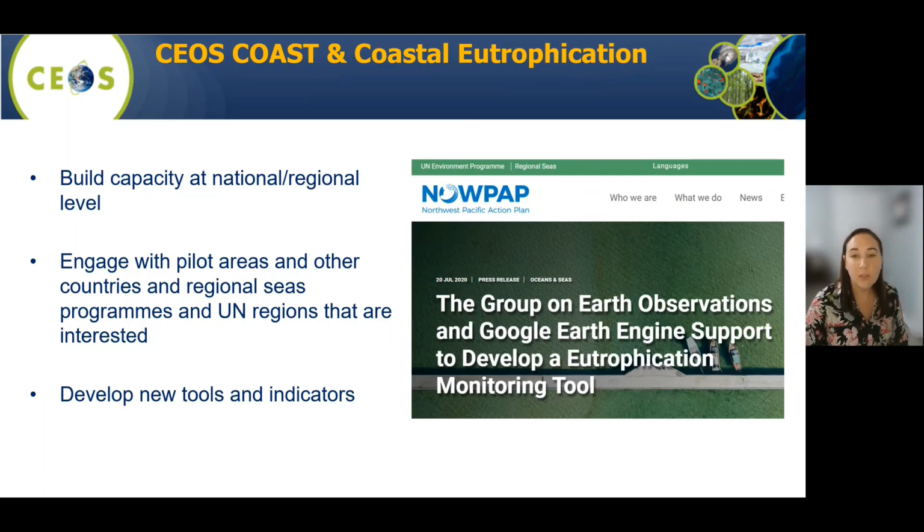And as that project develops further, we're hoping to collaborate with NOWPAP, JAXA, and other space agencies to see if we can build on some of their expertise in the CS pilot areas, as well as other regions, to develop regional capacity, as well as to develop new tools and indicators to bring in some of this more advanced monitoring. So incorporating monitoring across the land-sea interface to look at changes in land use related to agriculture, stream runoff, and things of that sort.